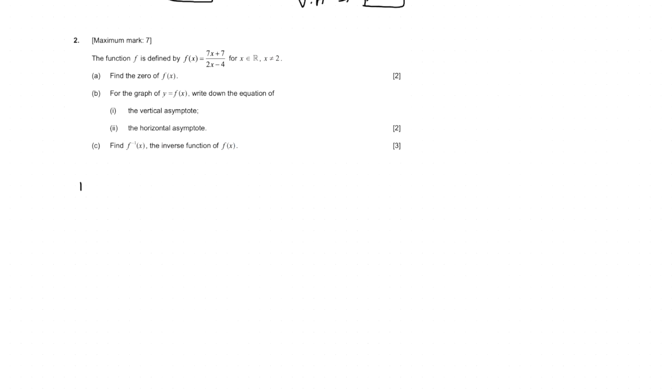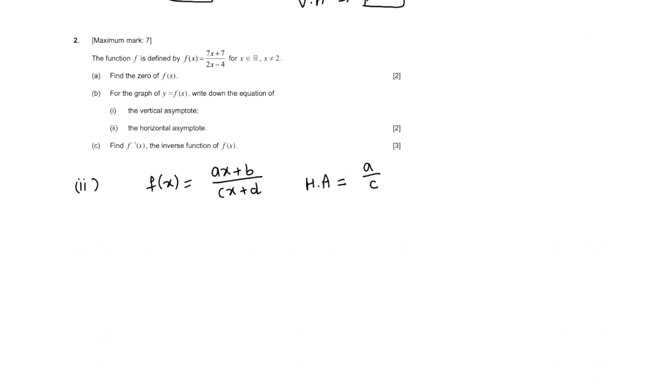For the horizontal asymptote, compare the leading coefficients, since both numerator and denominator are degree 1. Let me give you a general form. Let's say f(x) = (ax + b)/(cx + d). The horizontal asymptote will be the ratio of the leading coefficients of numerator and denominator. So a/c is your horizontal asymptote.